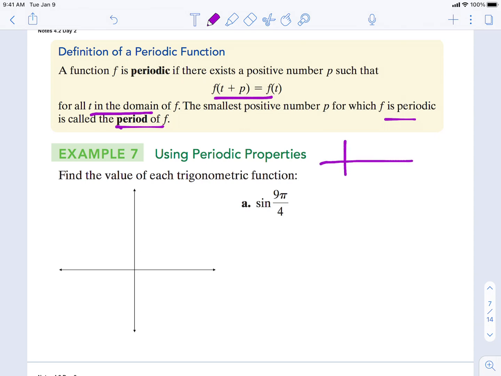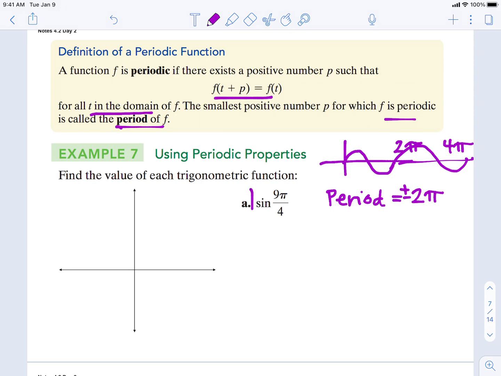If I were to graph out the parent function of the sine, 1 revolution is 2 pi. To continue that pattern, you would add another 2 pi and continue that. So the period for a sine function, 1 revolution, is 2 pi or negative 2 pi.